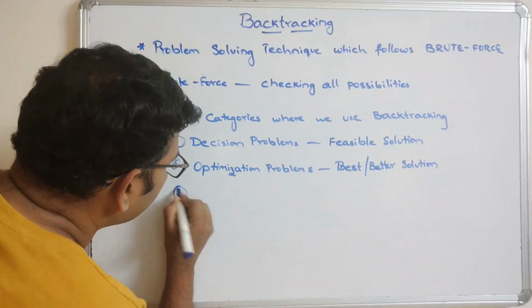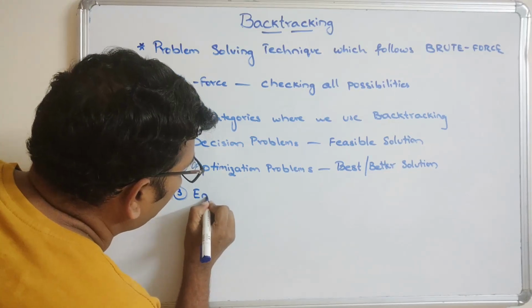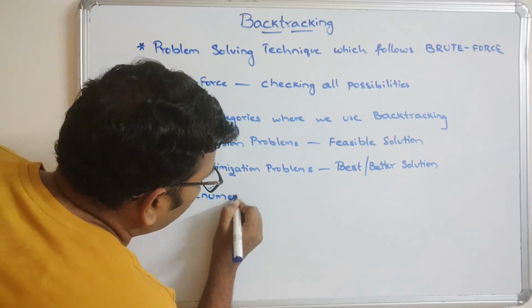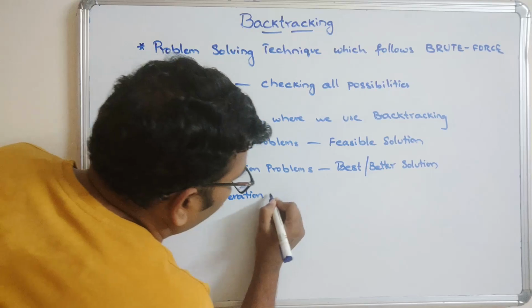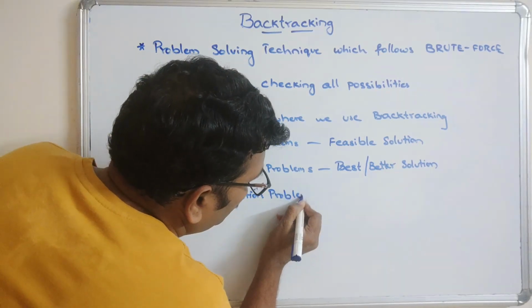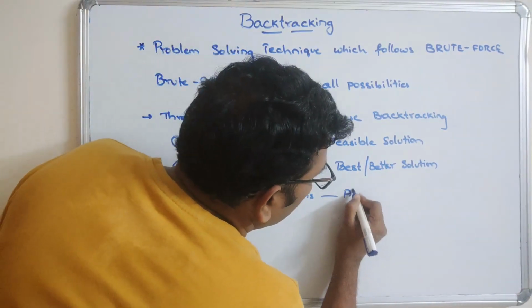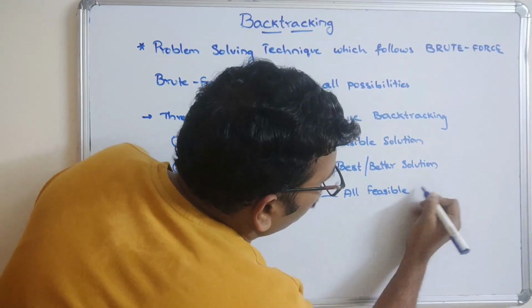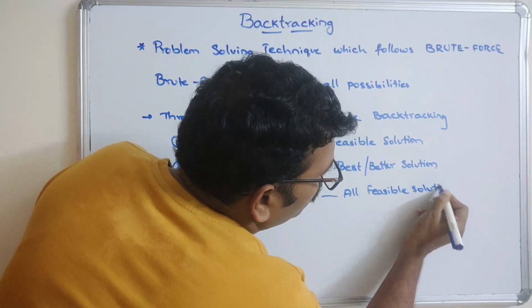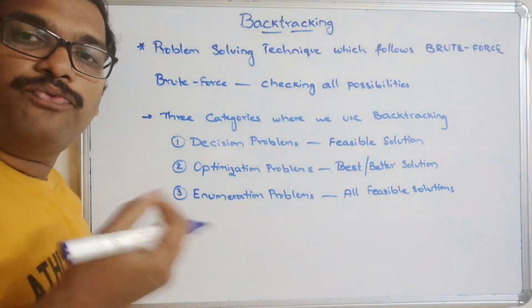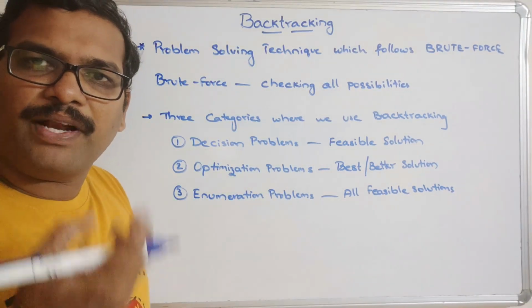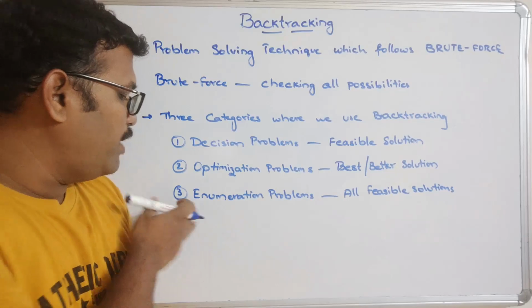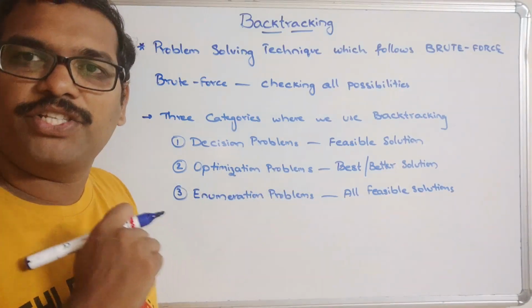And the third one is enumeration problems. This is nothing but all feasible solutions, all possible solutions. If you want to find all possible solutions for a particular problem, we call such problems enumeration problems.